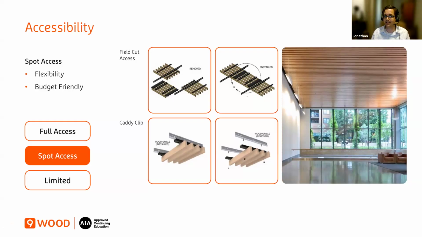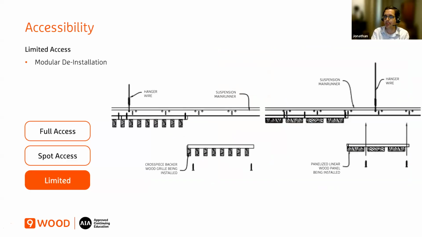Those systems are not access friendly. So definitely don't go down that road if you need frequent or spot access. Something to be aware of. And again, mention that requirement and need up front with the manufacturer so they can help inform your decisions before you get too far down the road, and you definitely want to avoid reworking your specification.